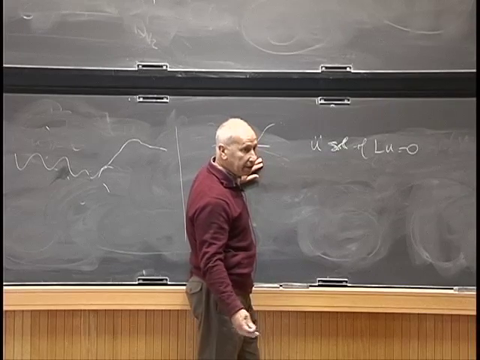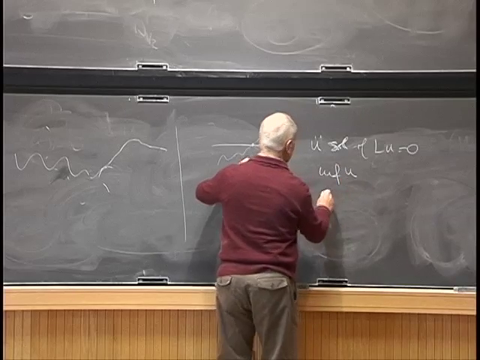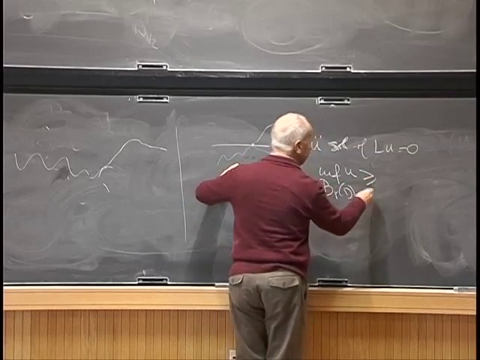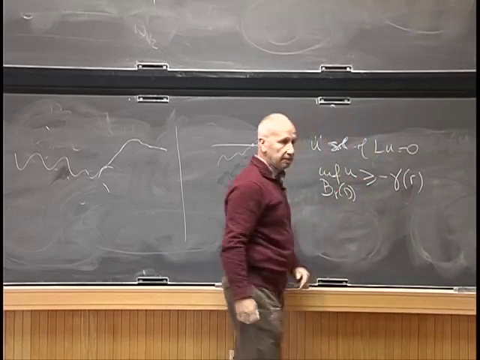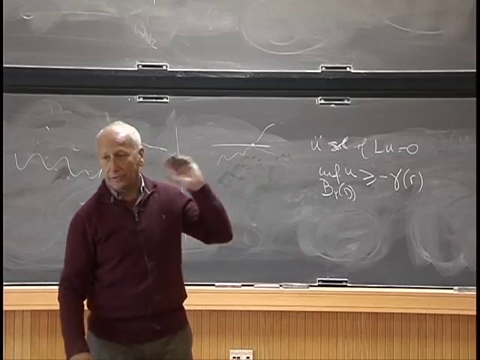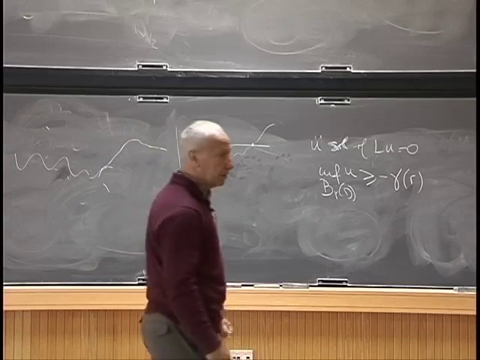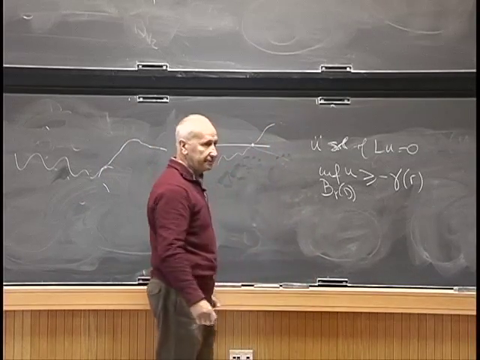What do I mean? I mean that the inf of u in the ball of radius R centered at 0 is bigger or equal than some modulus minus gamma of R. That could be R to the alpha or R log of R, your favorite function gamma. Okay. Then it also has it from above.